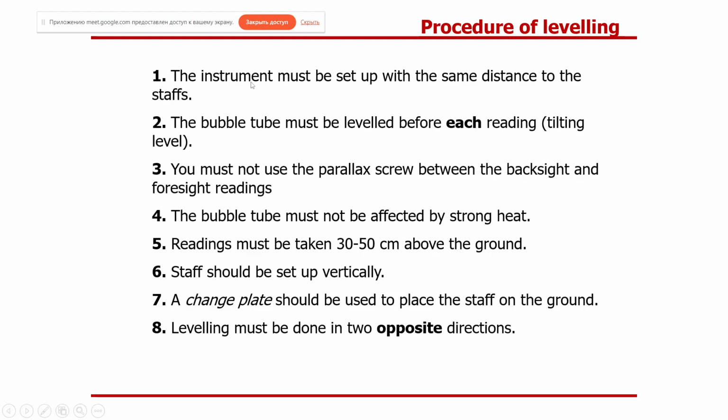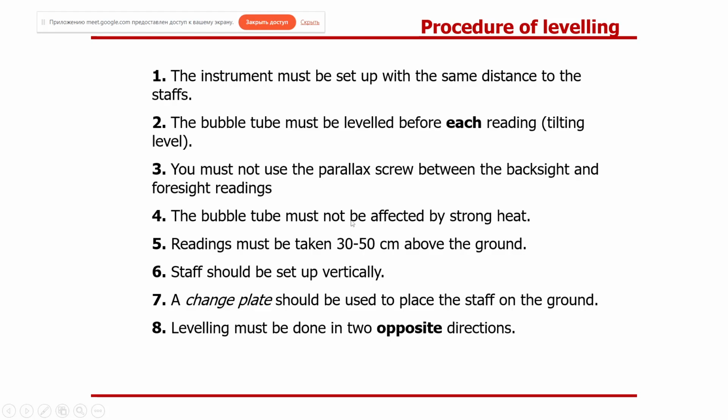While the instrument is in the middle of the line, we should not use the parallax screw because each rod is in focus of our telescope, because the distances between the instrument and the staff are equal.